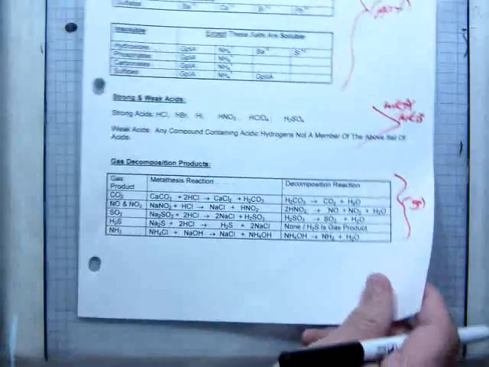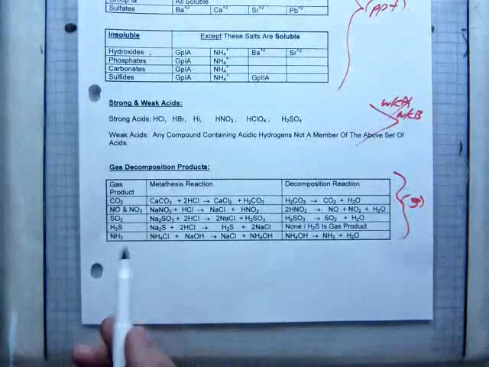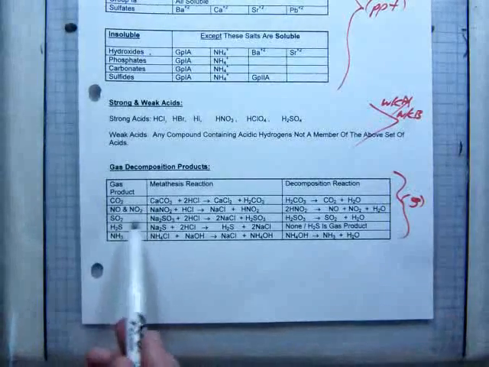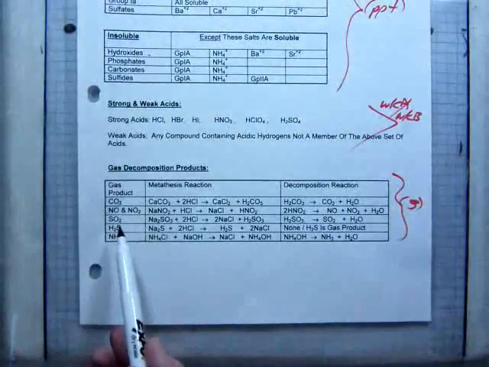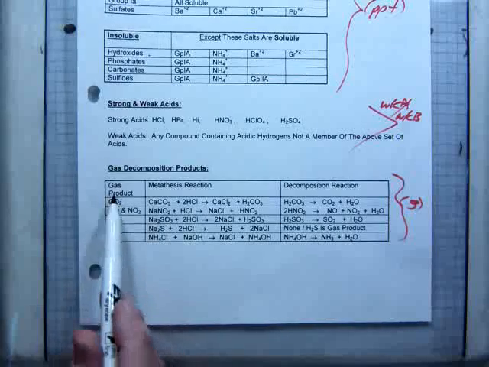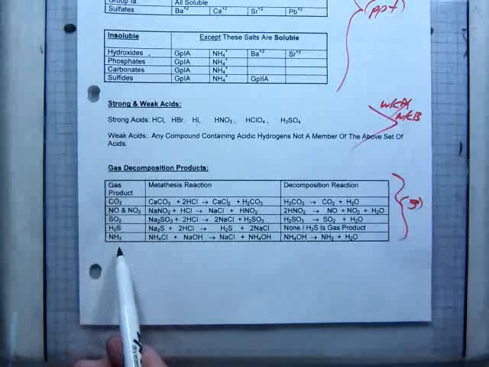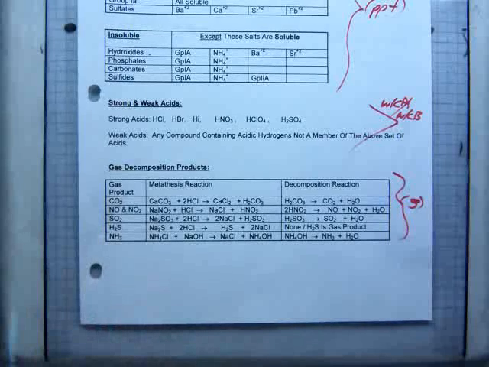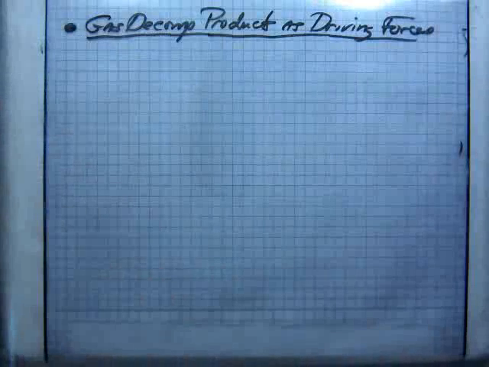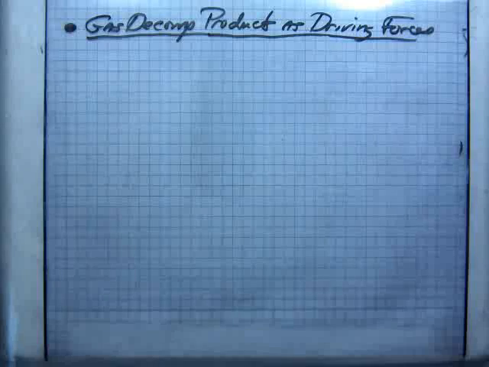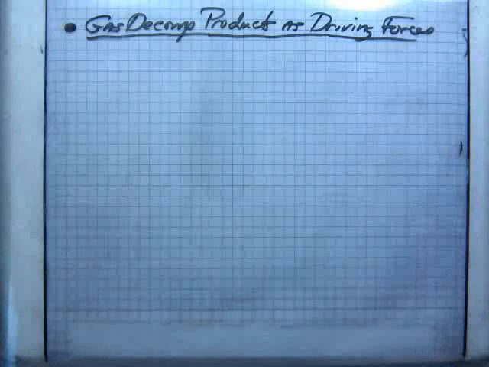At the bottom of the handout on the driving force of metathesis, there are some reactions, and these little gas products over here in this left column are your gas decomp products, and those are acceptable in the scientific community as the gas decomp driving forces of a reaction. But you need to know how to deal with those when writing a metathesis.